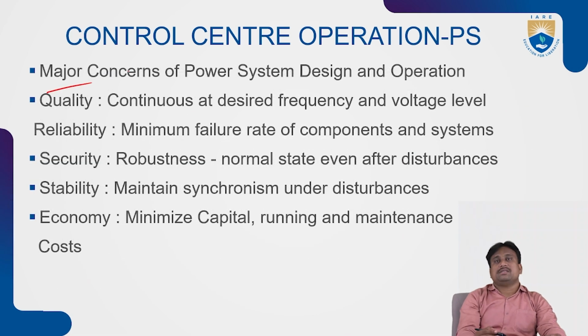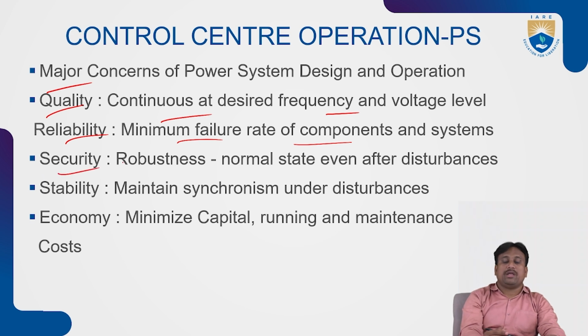So here are some major concerns of power system design and operation. The first is quality. This is much more important. Why? Because the quality of the power mostly influences the load operating conditions. That means it has to be continuous at a desired frequency and voltage level. Reliability also matters. That means minimum failures in the rate of components and systems. And then security, which gives robustness under the normal state even after disturbances, along with stability aspects, maintaining synchronism under disturbances.